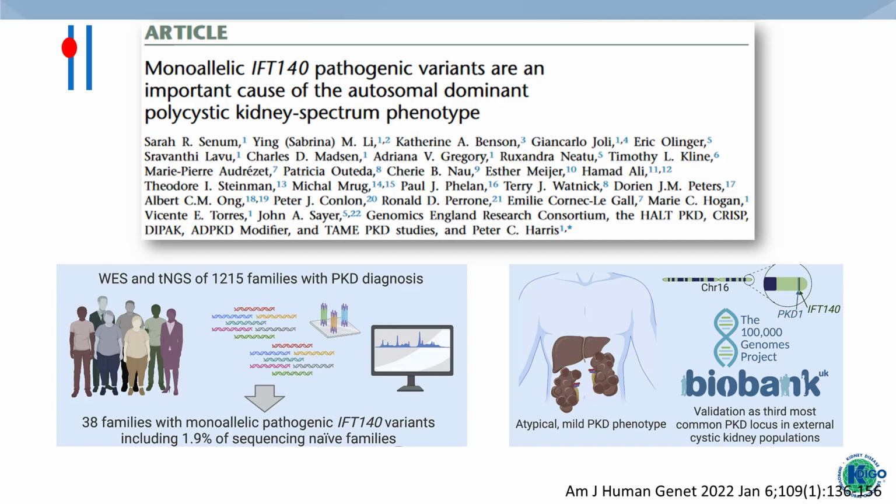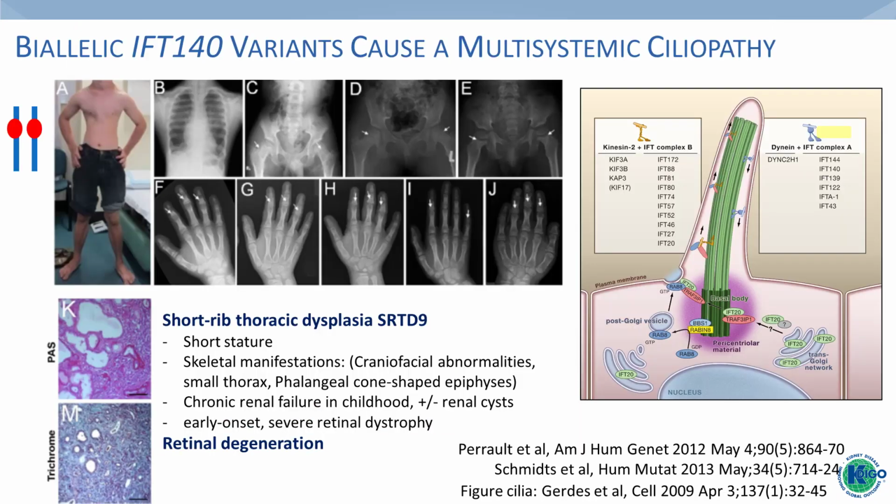Monoallelic variants of IFT140 have recently been associated with the ADPKD spectrum by Peter Harris's lab at Mayo Clinic. IFT140 is not a new gene in inherited kidney diseases. Biallelic variants of IFT140 cause a multisystemic ciliopathy with different subphenotypes described, notably the short-rib thoracic dysplasia, which combines short stature, skeletal manifestation, and chronic renal failure in childhood.